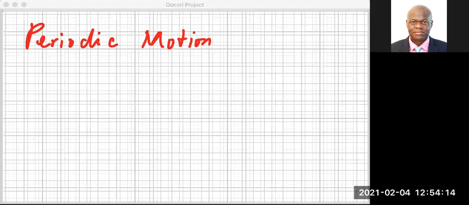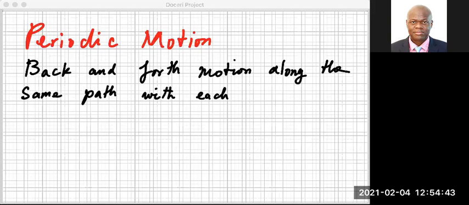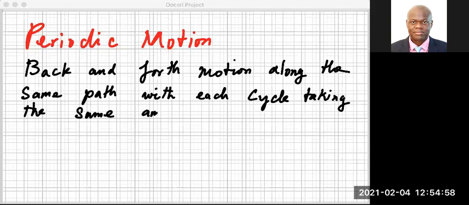So back and forth motion along the same path, with each back and forth motion or each cycle taking the same amount of time. Okay, so this is known as periodic motion.